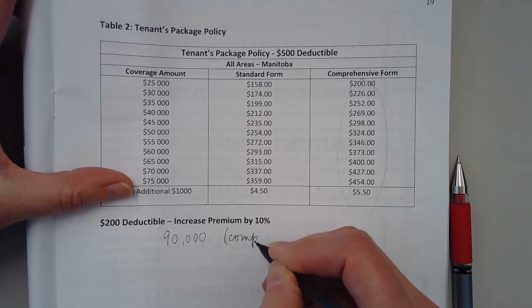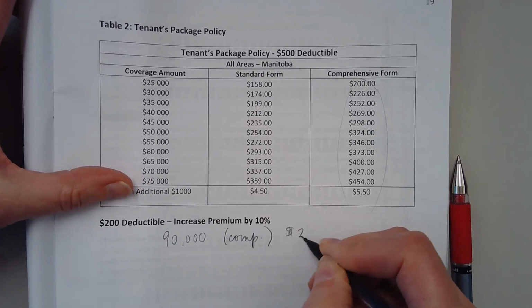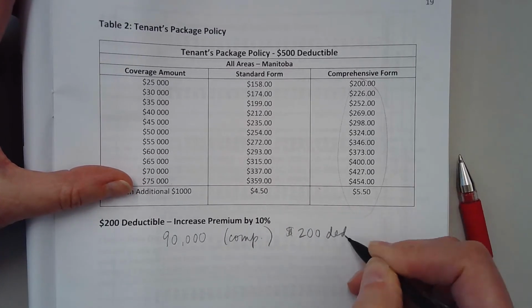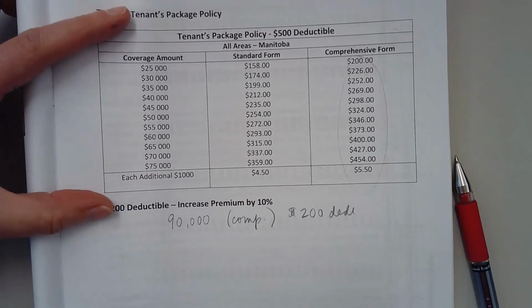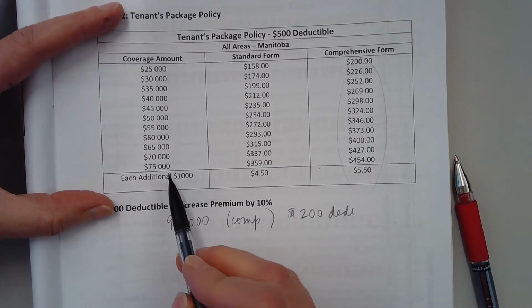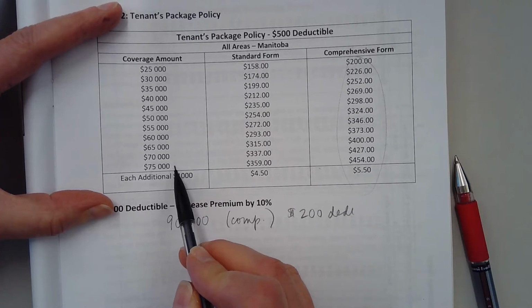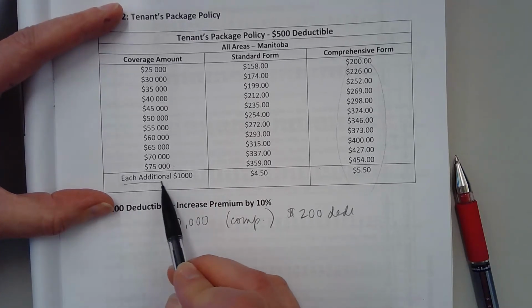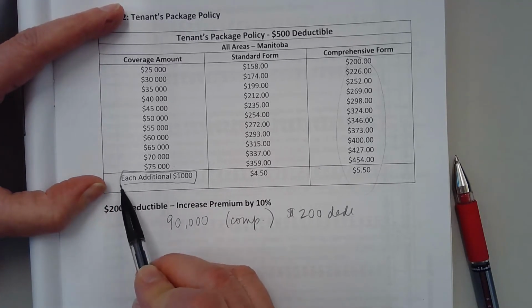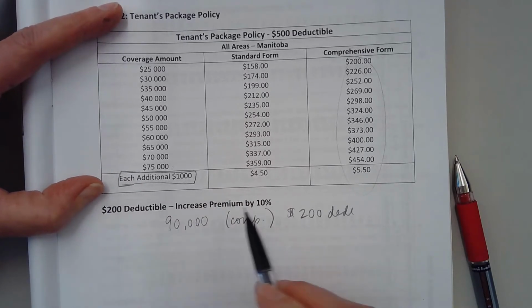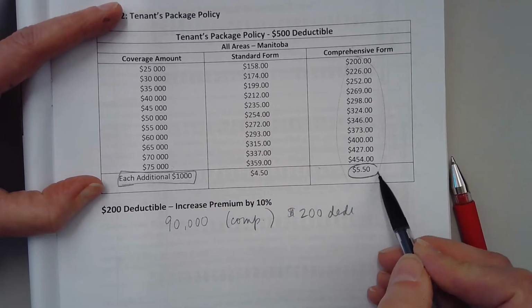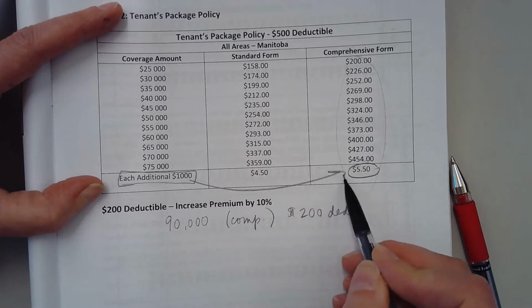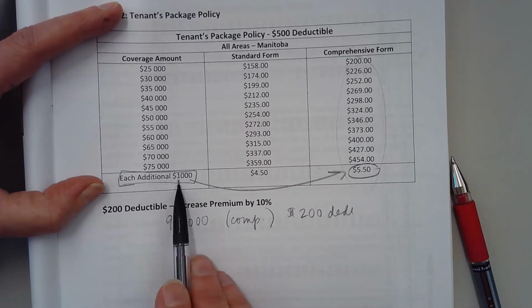Comprehensive, 200 deductible. Okay, so here we go. It says this chart only goes up to $75,000, and it does say for each additional $1,000, I have to add $5.50. Okay, so this is just a per thousand thing.